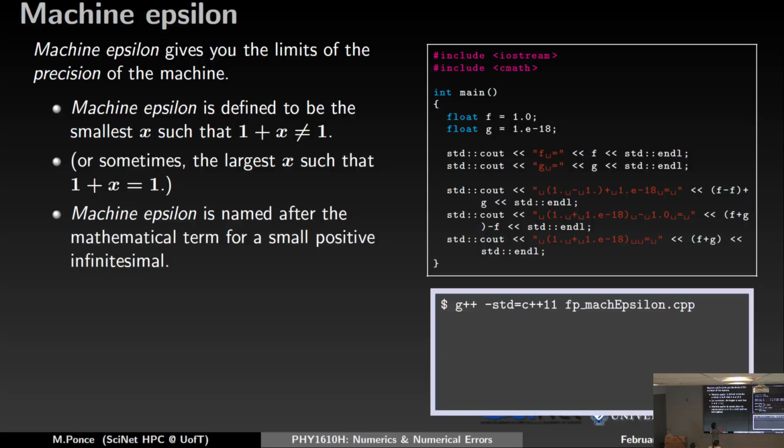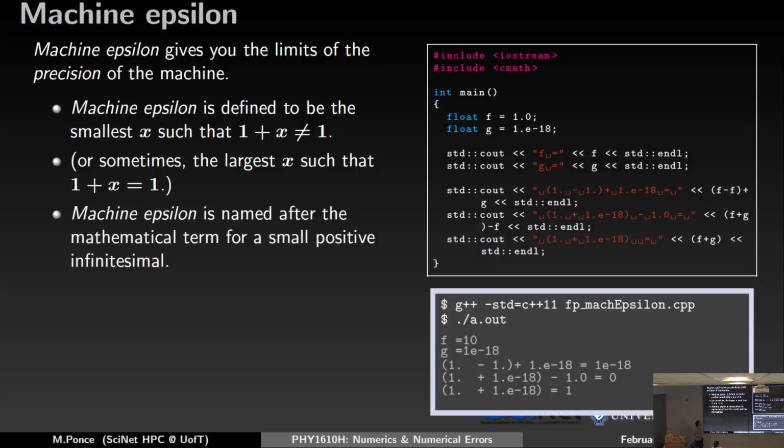So again, I'm having floats, and one is 1, the other is 10 to the minus 18, just for giving a number. So if I do this very basic operation, subtract 1 from 1, and then add this number, and invert the operation as we did before, and play around with that.